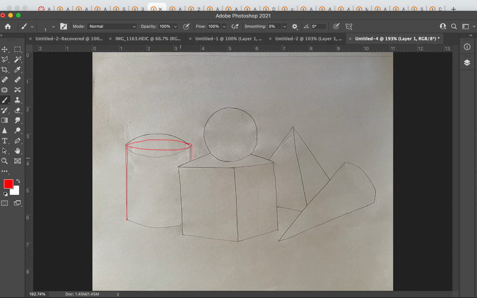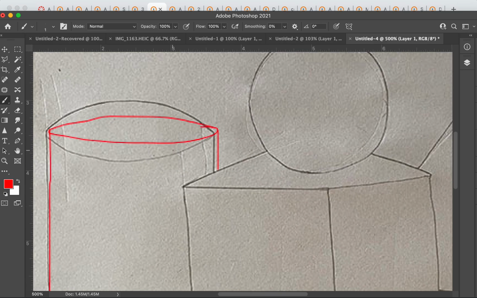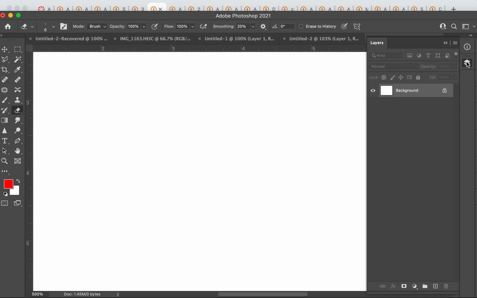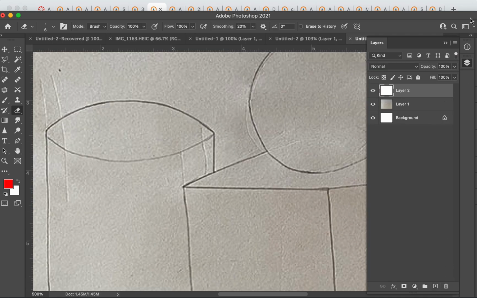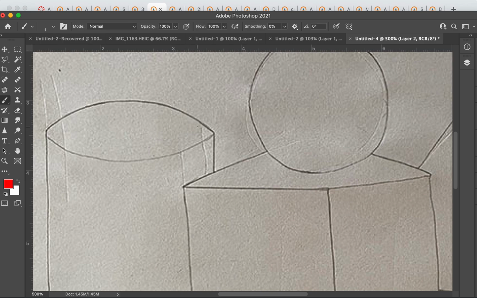Oh, there we go. Yeah, and it's not very good either, but oops. Okay, let's try that again. Boy, a mouse versus a pen is not very fun. Hopefully you get the idea.